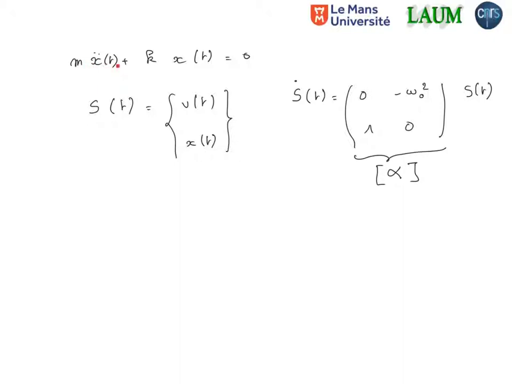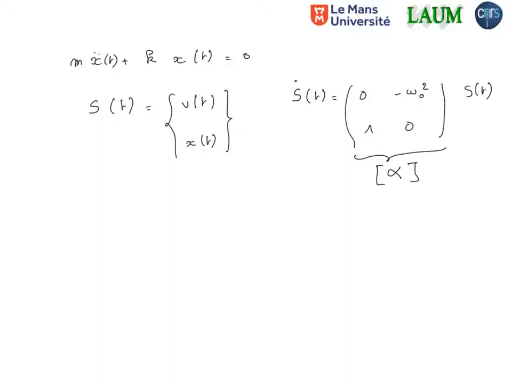This means replacing this second order scalar differential equation by a first order vectorial one, with a vector s of t, which is a vector with two functions. s of t, called the state vector, is in fact the juxtaposition of two functions, v of t and x of t, and then we have this differential system.